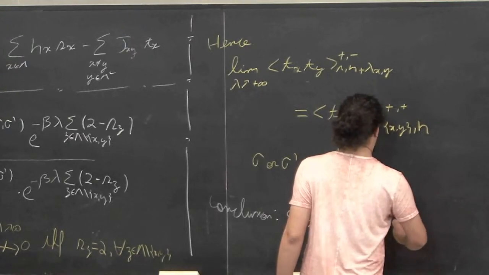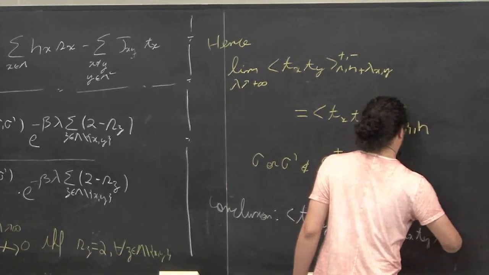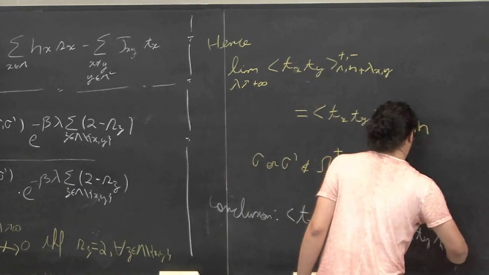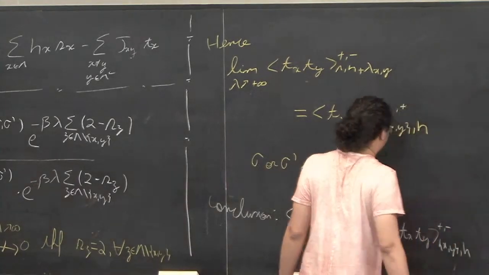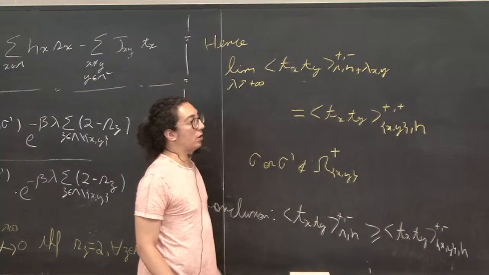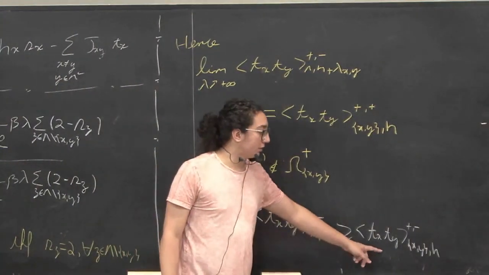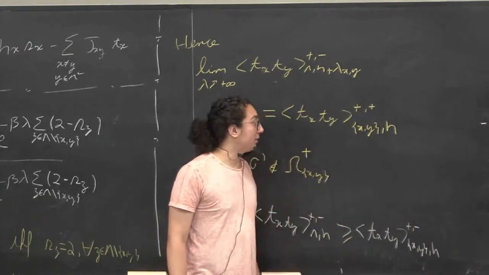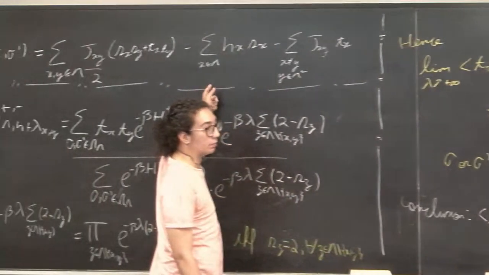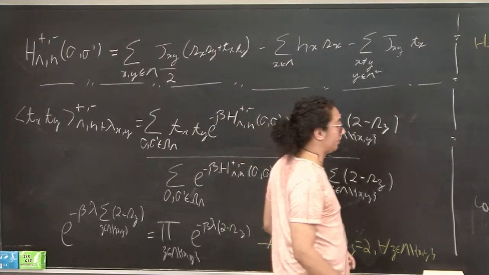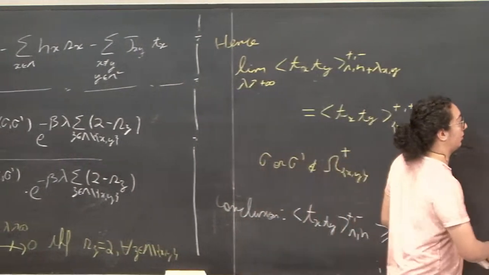Here we are only on x and y and h. We are almost there. We only need to prove that this quantity here is strictly positive. And this again is very easy to see once we write the Hamiltonian of this form. So we are not going to need this anymore.